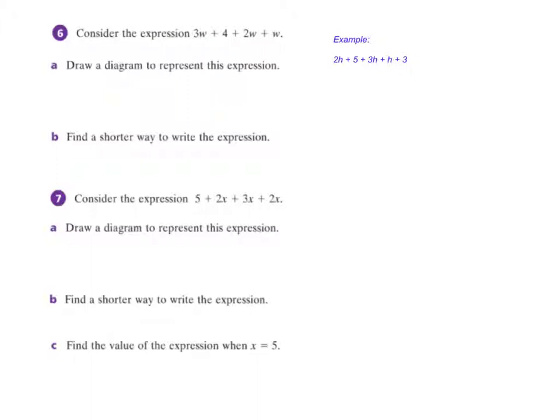This time it's a little bit trickier because we've got 3 W's and 2 W's and a W, and we've got to draw a diagram. Well, I'm going to do this example over here. Once again, instead of m's, we've got other letters. So for this one, for my diagram, I do my two H's. There's my buckets with my H and my H, and I've got two of them.